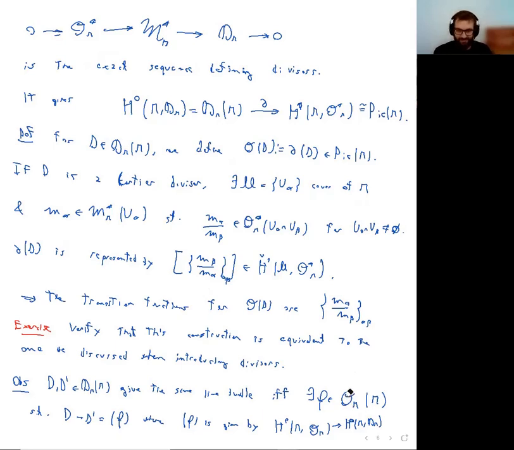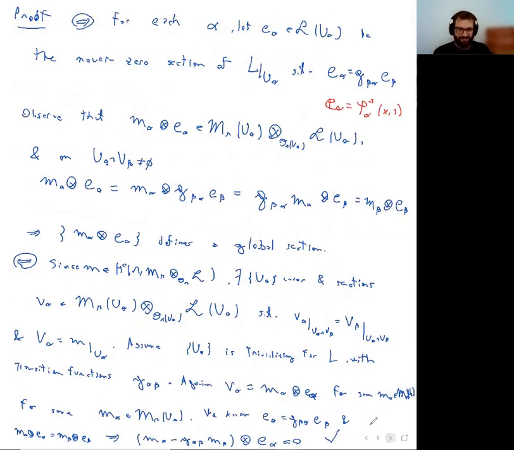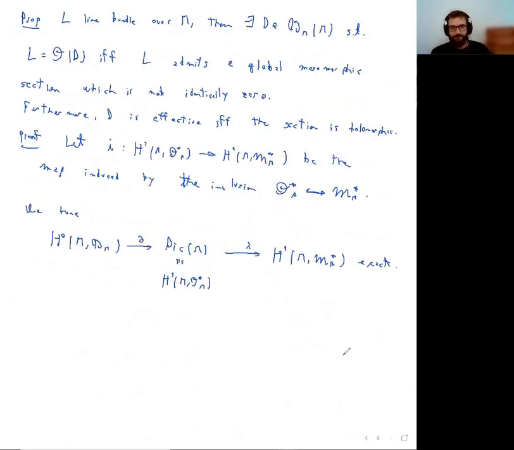That's actually better, because now I understand that the first map is injective. This was in fact M star, and this is M star. Everything else works because fortunately we didn't use this exact sequence until now.